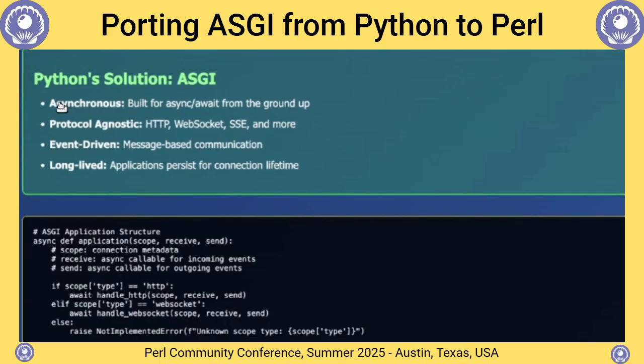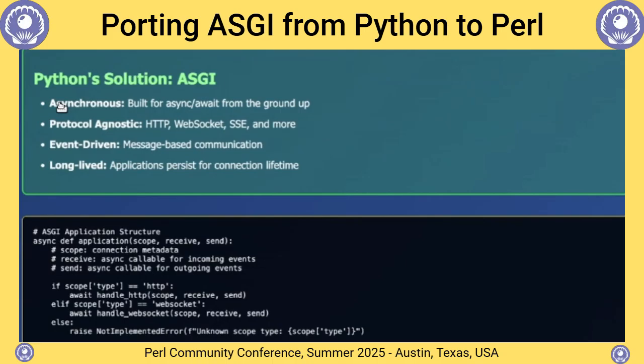Now I've got some Python code down here, which may not be everybody's favorite language, but I thought I would show it so that you can understand what's going on. In ASGI, it's very, very similar to PSGI. You have a subroutine that accepts stuff and has to respond to things. You might see it's got this fancy async in front of it. That's just because it's an asynchronous subroutine, which means it's event driven, and it allows you to not block on the call.